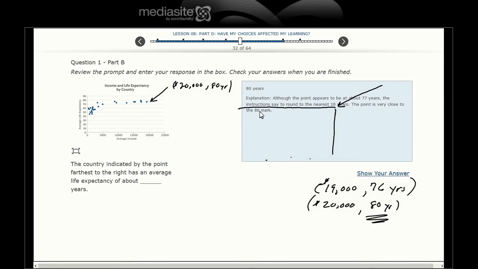Check answer. My guess is 76. They say 77. Either way, it rounds to 80. Rounds up to 80.